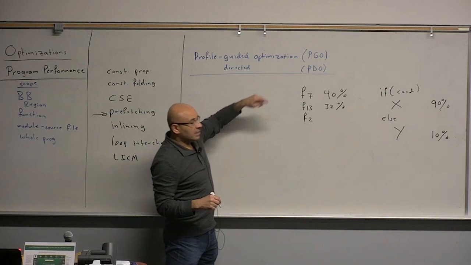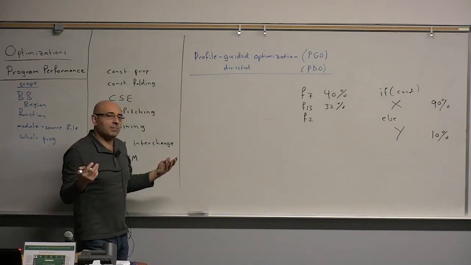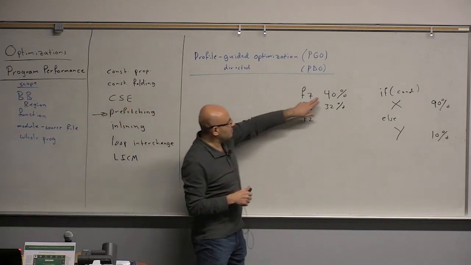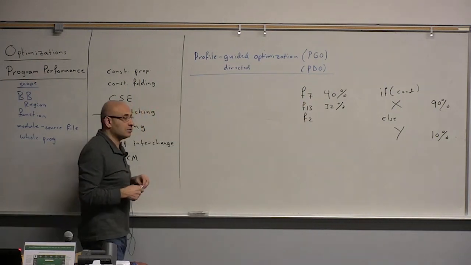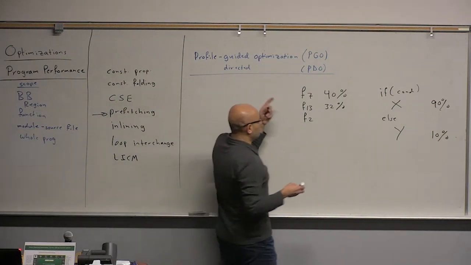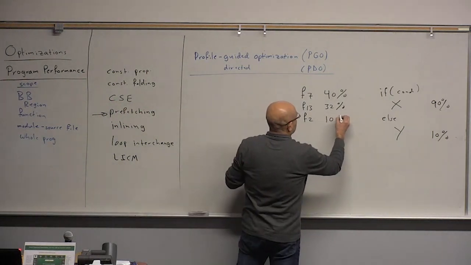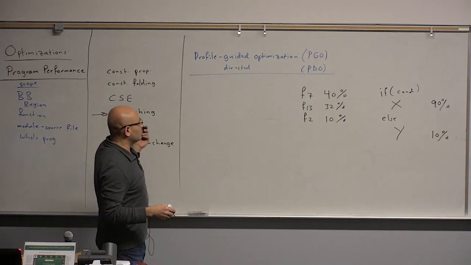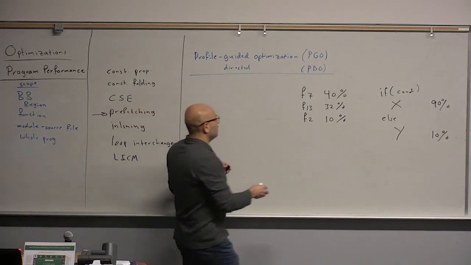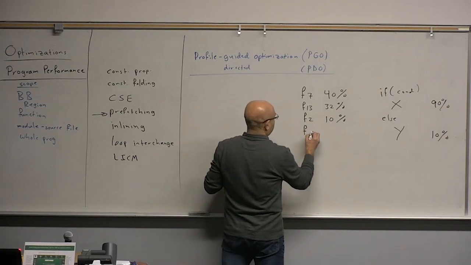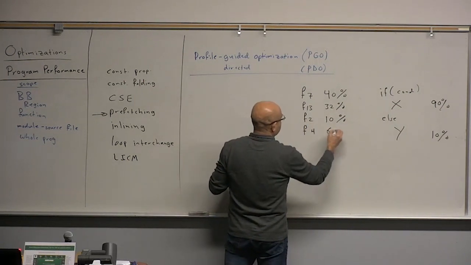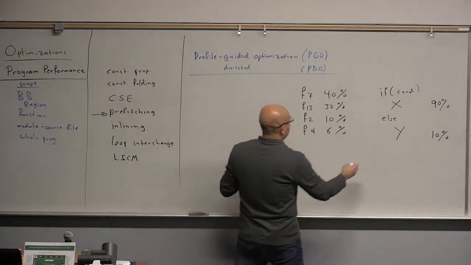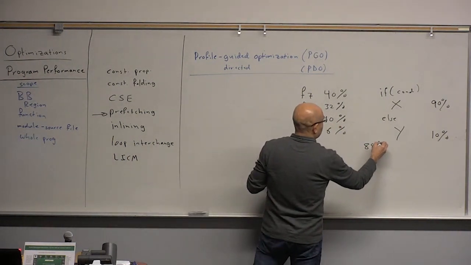Here, usually they are ordered because we care about the function that has the highest percentage of the program's execution time. Function 2, 10%. So what's the sum so far? We have 82. So if we have another function like function 4 that has 6%, then we have 88 now. What does it mean?